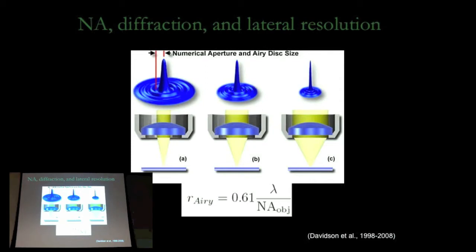So a 40x 1.4 NA or 1.3 NA objective is going to have higher resolving power than a 40x 0.95, or a 60x that's 0.9. Depending on what you're trying to look at, it might actually be better to use a lower power that is collecting more light. The resolving power is determined by the numerical aperture.